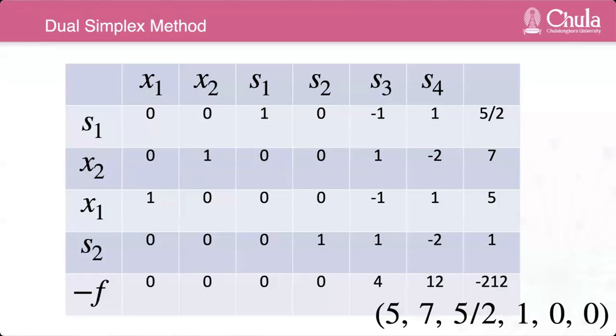Okay. However, if it can be solved by using the dual simplex method, you can do the dual simplex method. Okay. But the dual simplex method cannot handle equality constraints. For equality constraints, of course, you have to consider using the two-phase algorithm anyway.